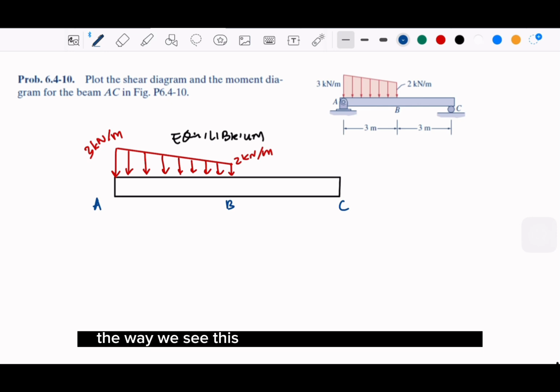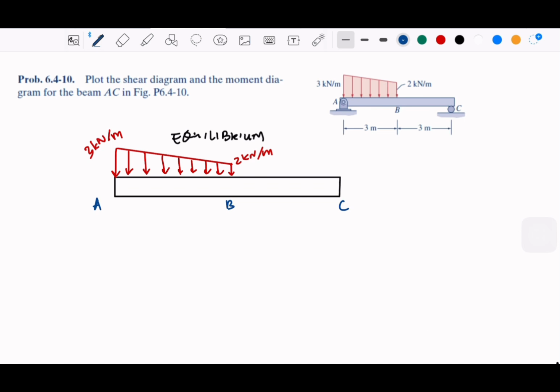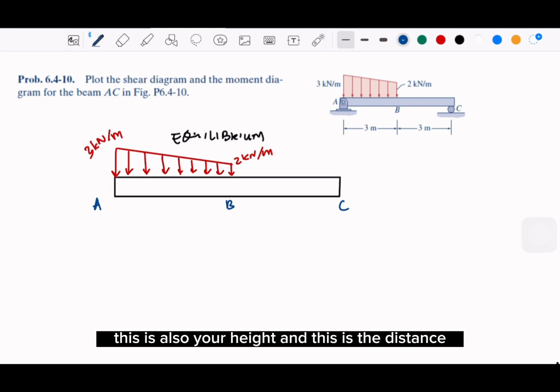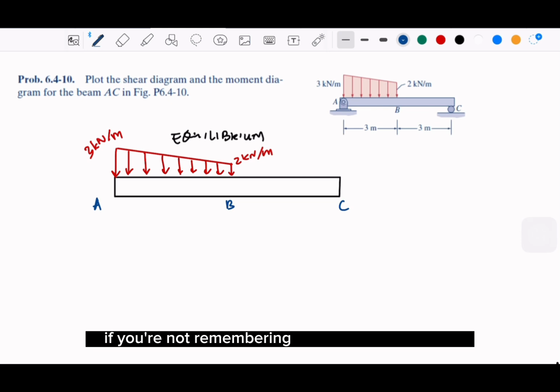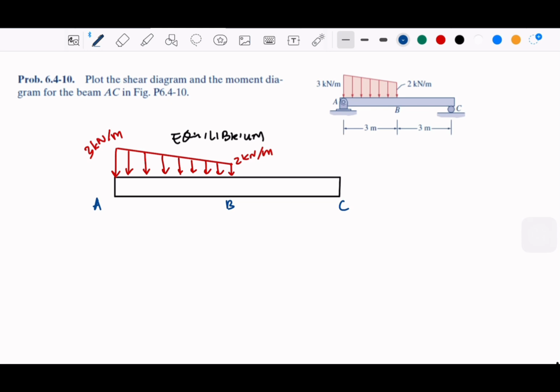The way we see this load, you can think of it like an area, like a geometry. You could take this as your height. This is also your height, and this is the distance, so the base multiplied with height. If you don't remember this type of trapezoid, then you could do this: a triangle here and a rectangle.